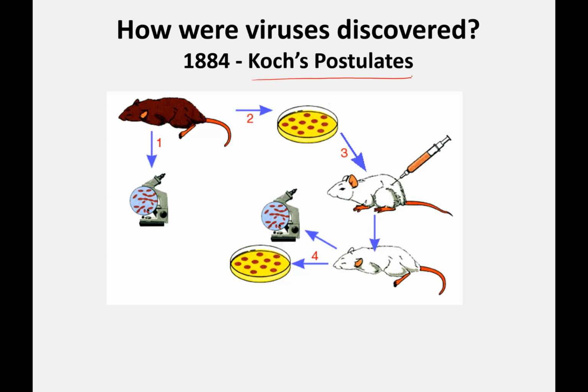And the four components of Koch's postulates is, one, the microorganism must be found and visualized from the diseased organism.